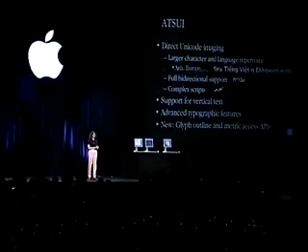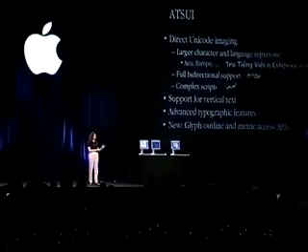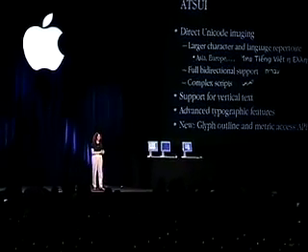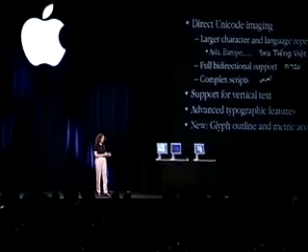Different glyphs can be different widths. In addition, Atsui supports something we've had many requests for from our Asian developers, namely vertical text. The same features of Atsui, which support complex scripts like Arabic or Thai or Devanagari, also support advanced typography for Roman languages, so you can get advanced typographic effects.